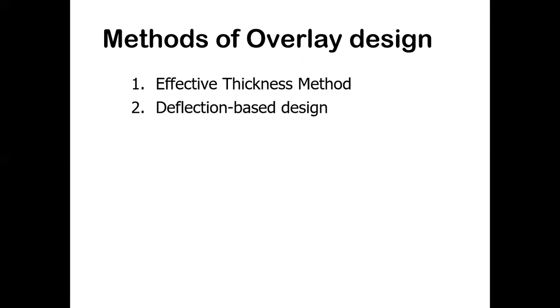What we do is, we know the actual thickness of the pavement, having various layers, and then we estimate the remaining strength of the pavement by adopting some standard factors as guided by the Asphalt Institute, and we know how much pavement thickness can be utilized for a new pavement. So this is the effective thickness method.